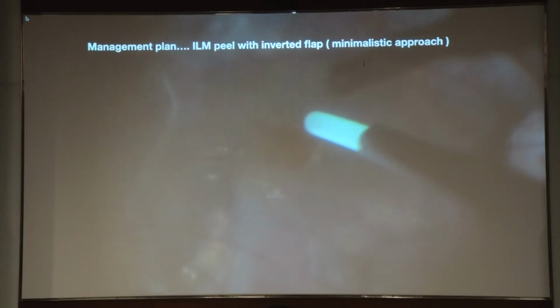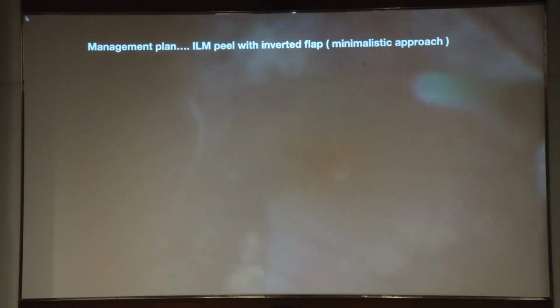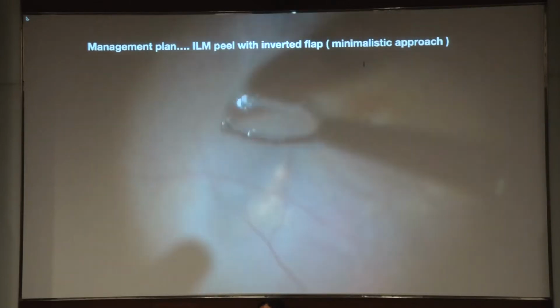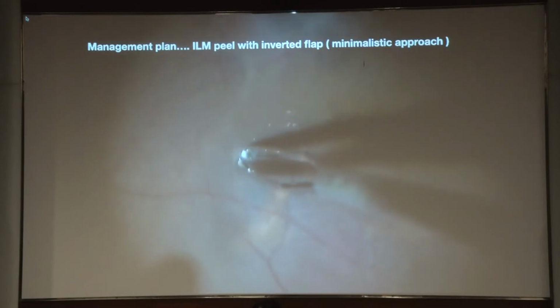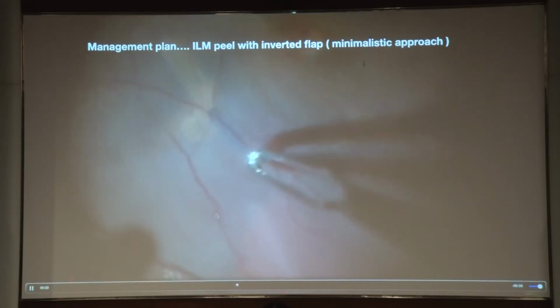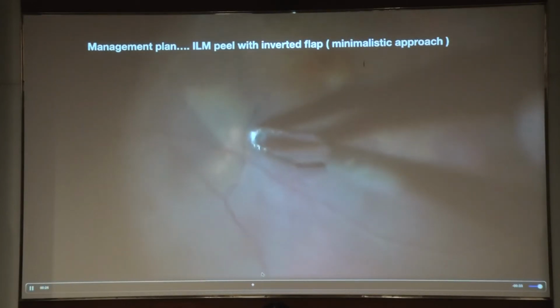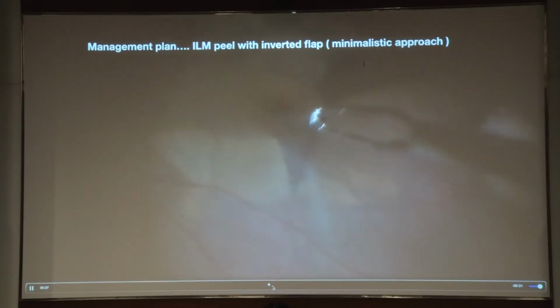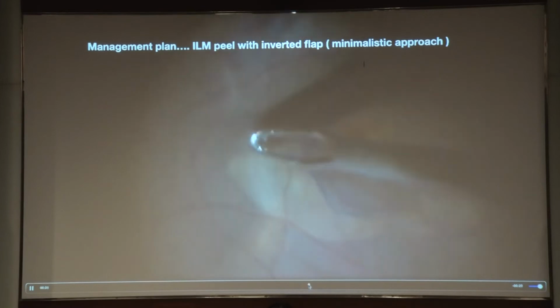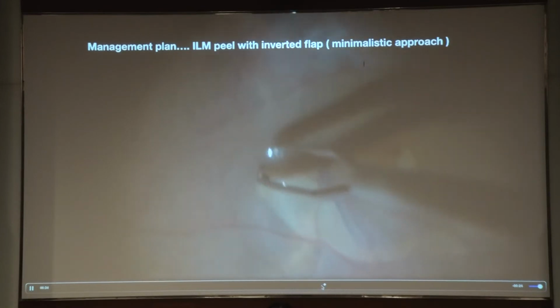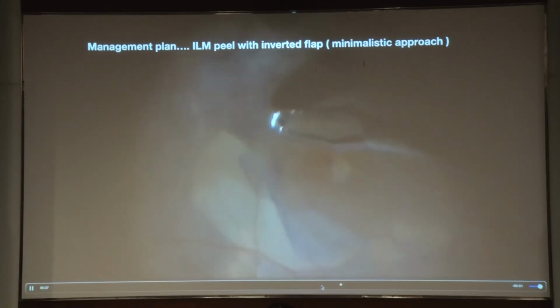I checked the macular hole part. I don't have intraoperative OCT to see the actual position of the macular hole. So I stained the ILM, peeled the ILM and just inverted the flap over the macular hole area, not all around, because it is a secondary macular hole.